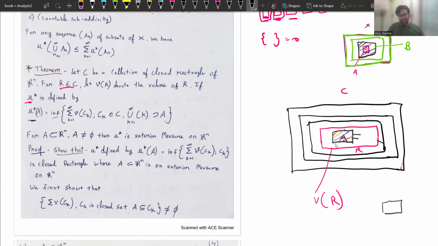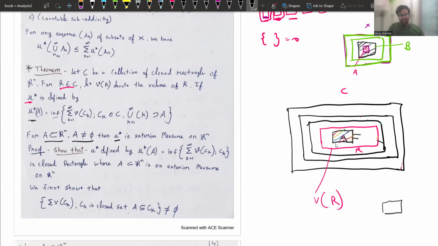A is a subset of Rn, we can see it from here, and A is not a null set. It consists of some values. Then mu star is the exterior measure on Rn.